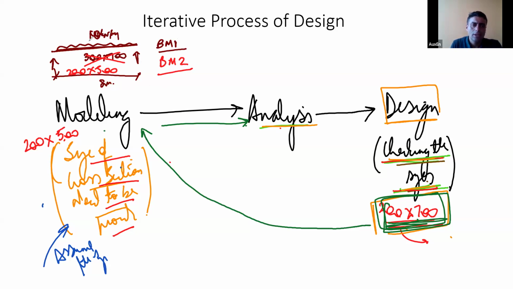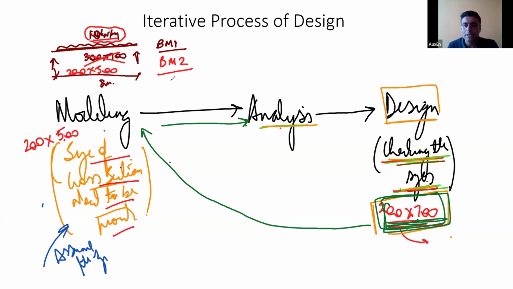Just answer this question for only this particular applied UDL. Don't worry about the self-weight bending moment. Just tell me whether it will be same or will it be different or it will be less, more, what will happen? So when I change the beam size, are my analysis results changing?